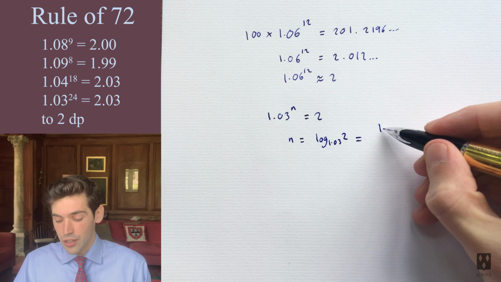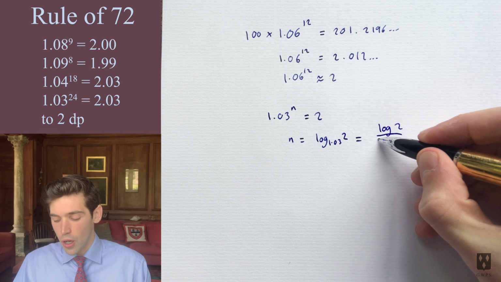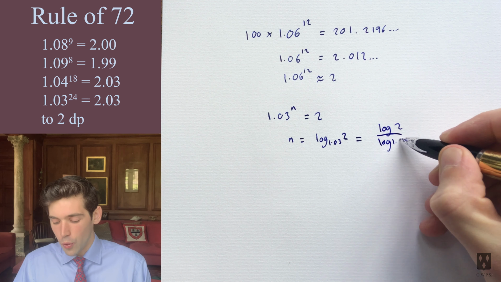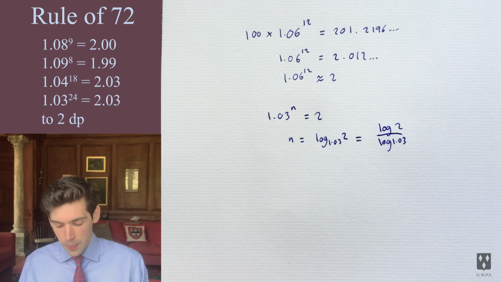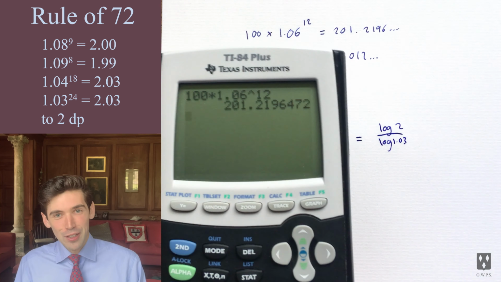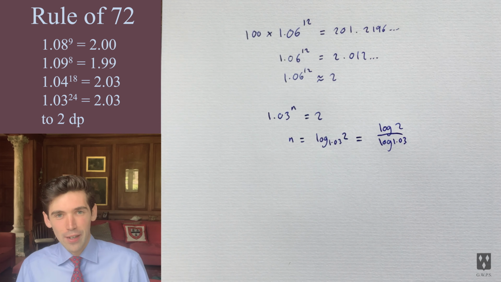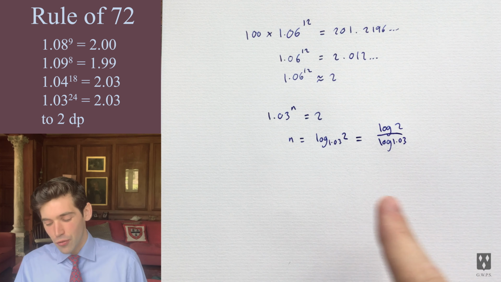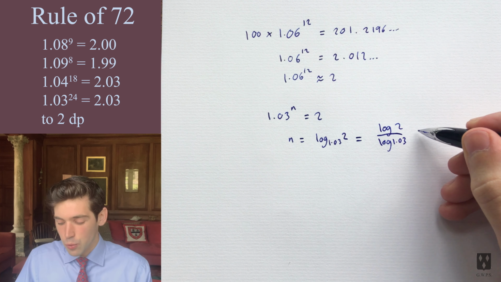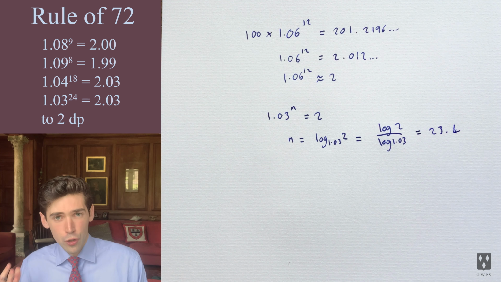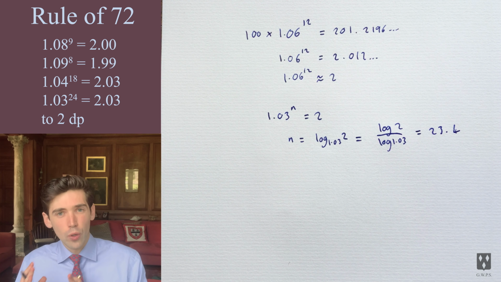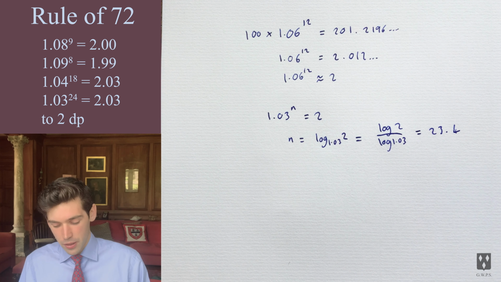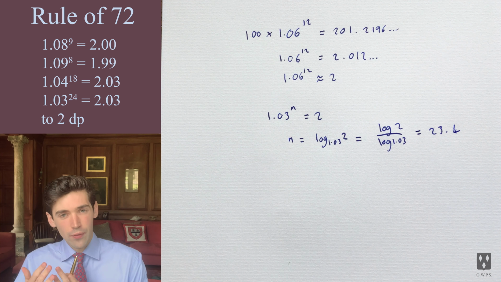Alternatively, you could write this as log 2 over log 1.03 if you're using a calculator which has just the log base 10 feature. But don't worry too much. This is just a faster way of doing it, and this will give you 23.4, and that is about 24. So this works quite well because 3 times 24 is 72.